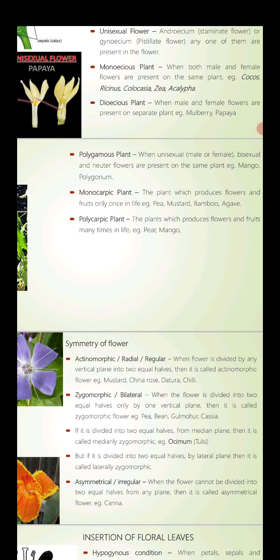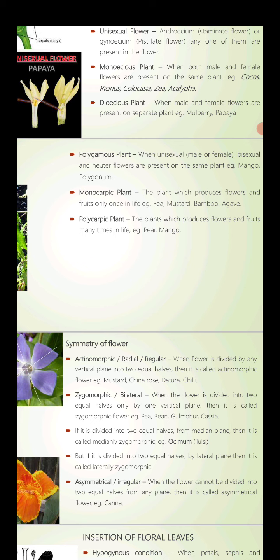Next thing is the symmetry of flower. So what's the meaning of the symmetry of the flower? It is actually the arrangement of different floral organs around the axis of the flower. Normally there are three types of symmetry of flower: actinomorphic, zygomorphic, asymmetrical or irregular.